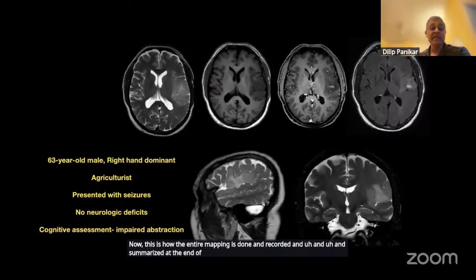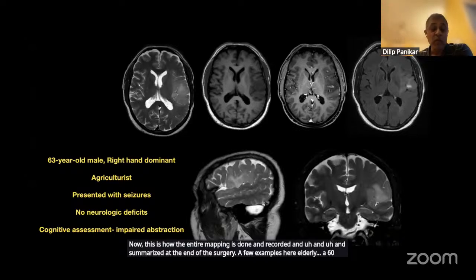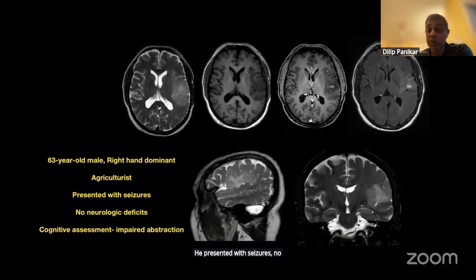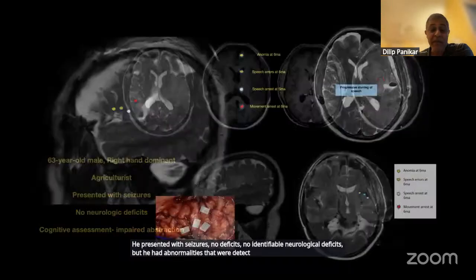A few examples here. A 60-plus-year-old gentleman with a left hemisphere perisylvian lesion. He presented with seizures, no identifiable neurological deficits, but he had abnormalities that were detected on cognitive assessment.